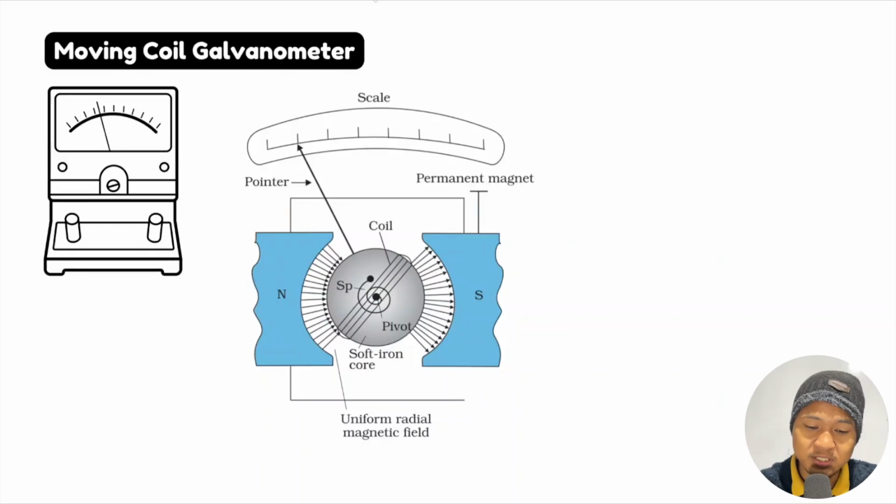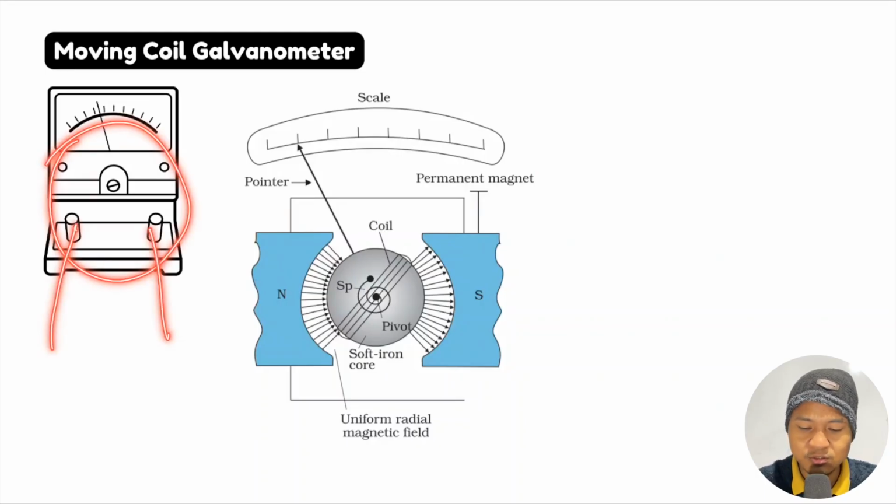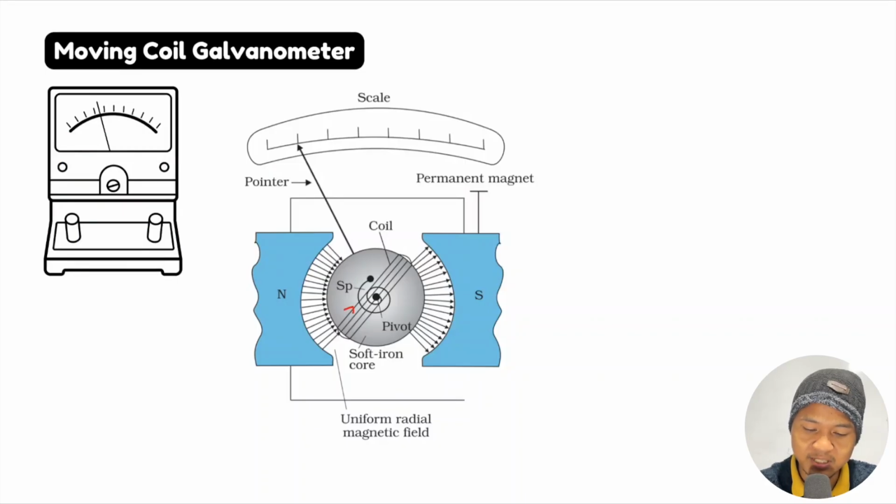So when you have the permanent magnet and the current supply through the winding, if it is placed inside the external magnetic field, torque is going to start acting.